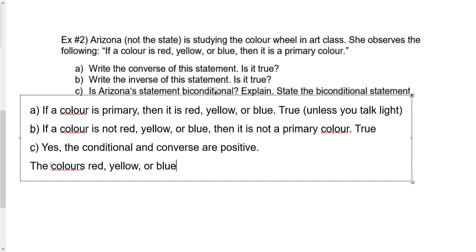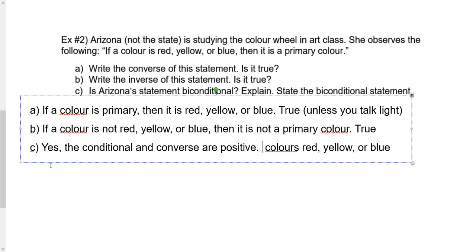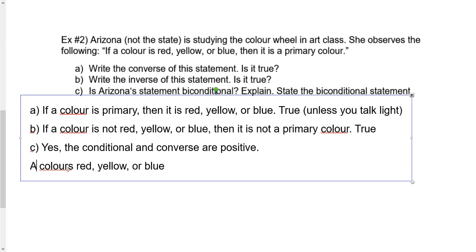So I'm going to change that very slightly. A color, red, yellow, or blue. A color is red, yellow, or blue if and only if it is primary. It is a primary color.